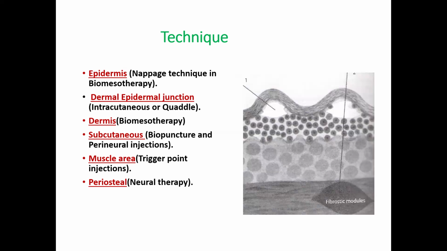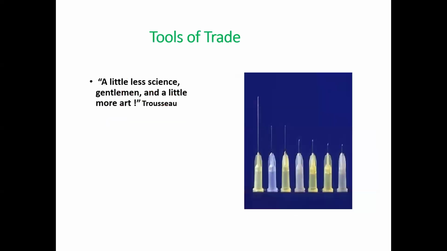If you inject in the subcutaneous area, you're actually doing biopuncture or perineural injections here. If you're injecting inside the muscle itself, this is a regular textbook trigger point injection as described by Janet Travell. Now, you can also inject the periosteum, and this was described by the guys from neurotherapy techniques, the Huneke Brothers.